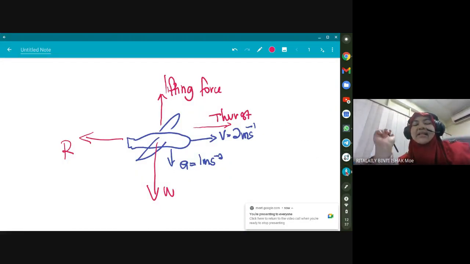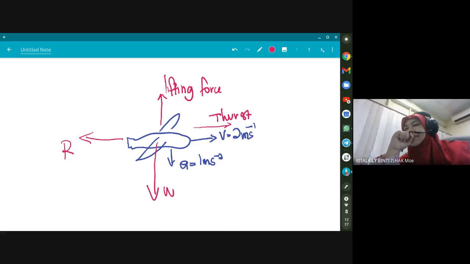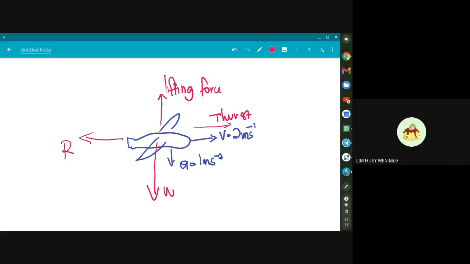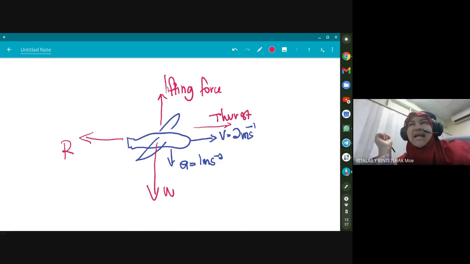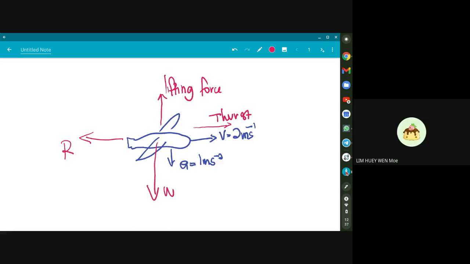Thrust is bigger than resistance. What about everybody? Setuju tak? Do you agree that the thrust is bigger than resistance? The thrust must be bigger than the resistance or else the plane cannot fly. Are you sure? Because the plane needs to overcome the air resistance only then can we move forward.